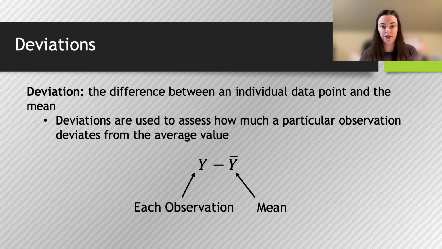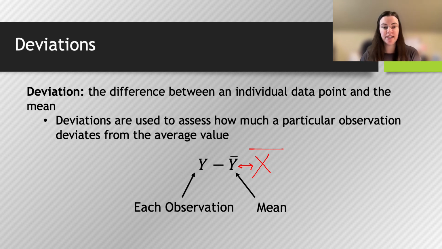Before we begin our discussion about variance, it's first important to understand what a deviation actually is. In this case, it's the difference between an individual data point and the mean. I know we've talked about up to this point that the mean is signified by an X bar, but just know that both of these symbols are interchangeable and they mean the same thing.